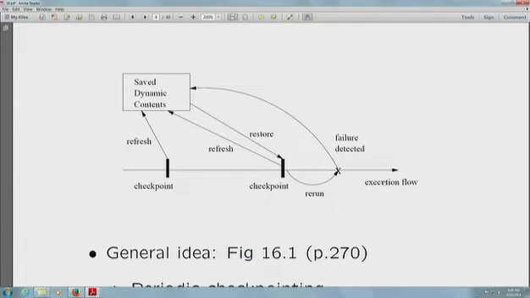And you save some of the dynamic contents of this latest checkpoint or recovery point. Then, if your system experiences some trouble, there's some failure, then you go back, get your saved dynamic contents, reload it, and rerun it. So that's the basic checkpoint and recovery.